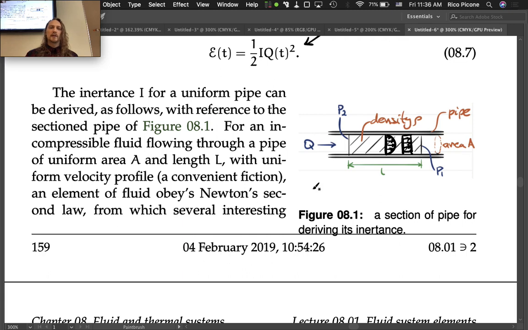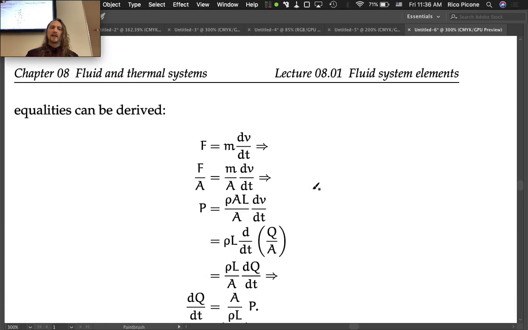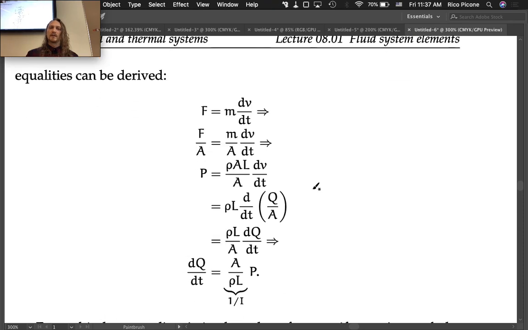An element of fluid obeys Newton's second law, from which several interesting equations can be derived. So we can start with Newton's second law, F equals ma, with dv dt, meaning the velocity of a given piece of the fluid. If we divide both sides by the cross-sectional area of the element, we get pressure.